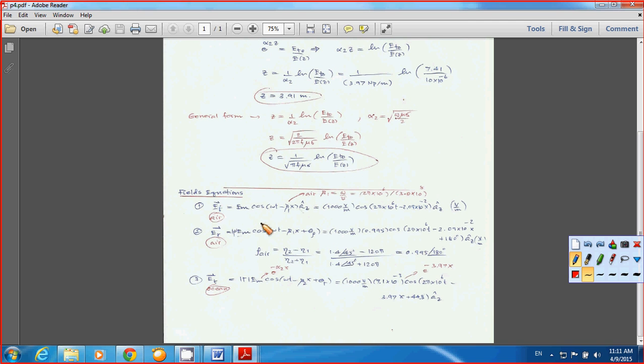Now let's move on. Let's find a few equations from the above situation. If I start with EI in the air, which is equal to EM cosine of omega t minus beta 1 x, and has the Z component only. Take a look at this one here.